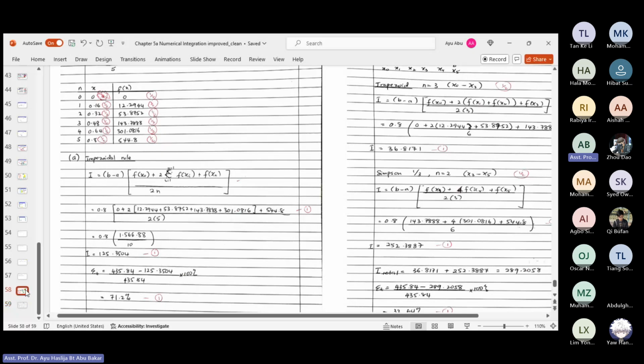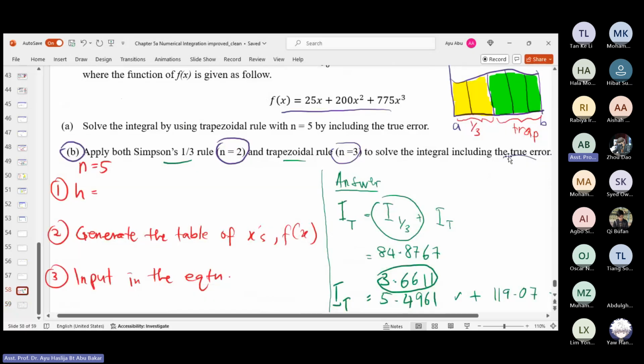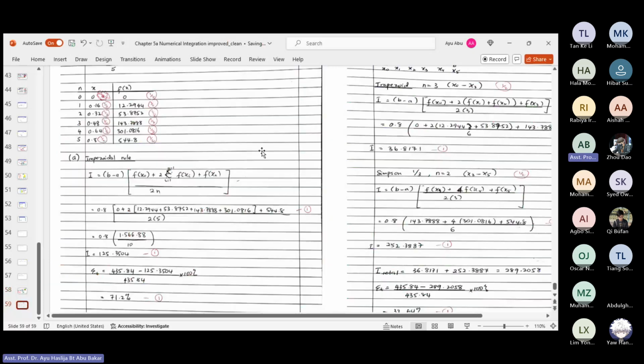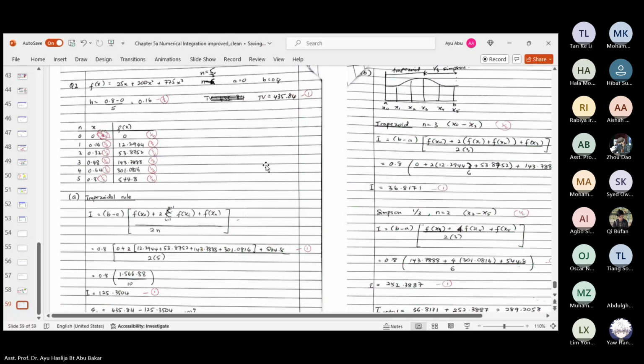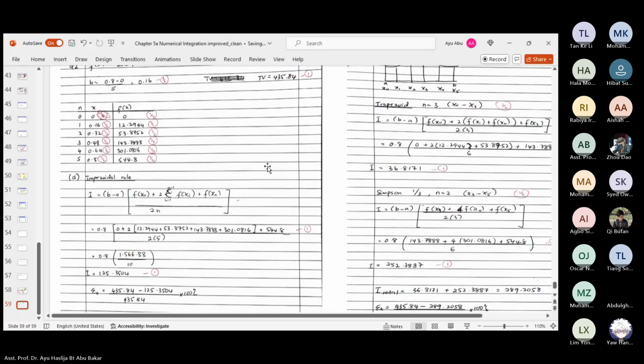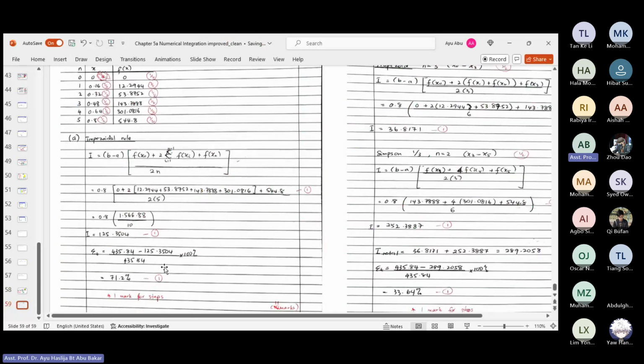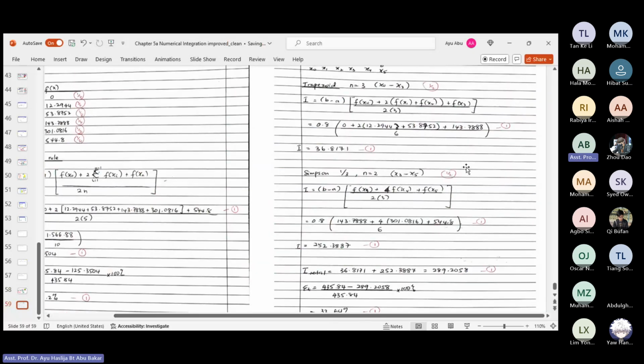This question also asks you to include the true error, so in the first place you should find the true value. Then input the final answer of the true value, then the total area for trapezoid, and then the application of Simpson's and trapezoid.